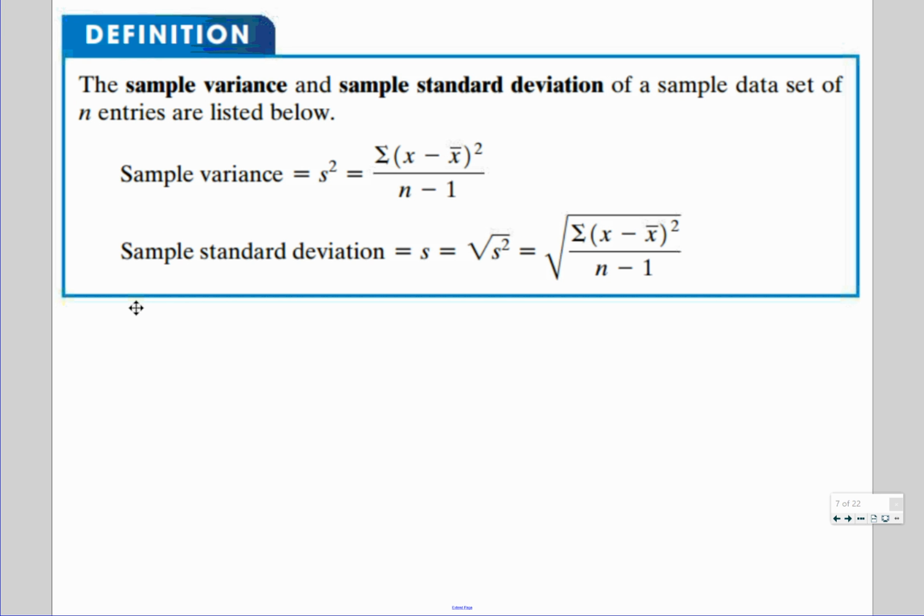So remember, population means you're calculating something for everybody in a group, and sample means it's a portion of your group. The only difference in this formula versus the one you have as far as calculation goes is the denominator is no longer an n, it's going to be an n minus 1. But everything else here means the same thing. They just use different variables when we talk about it.